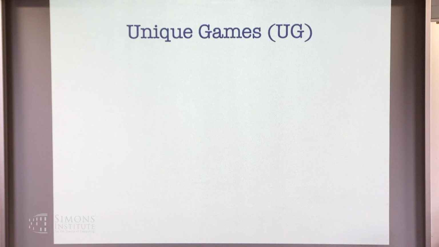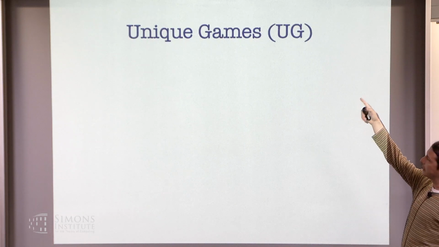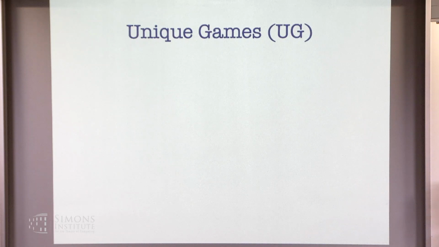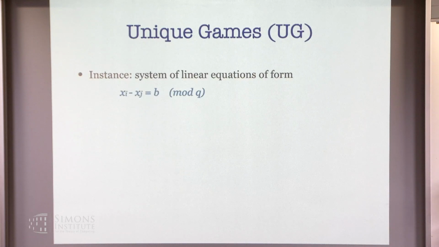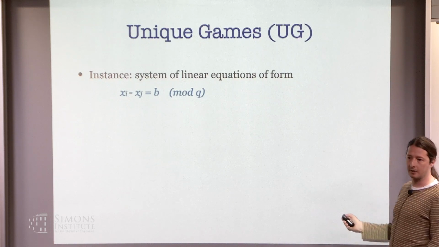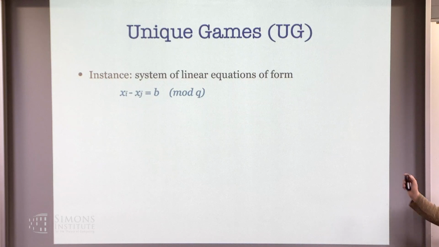Right, so I will show you what unique games are. Well, unique games and 2-to-2 games are similar. I will show you both of them, and then it will be clear why we need 2 queries. So an instance of unique games is a system of linear equations. That's not the most general definition, but it's actually equivalent, so I'm not cheating here.